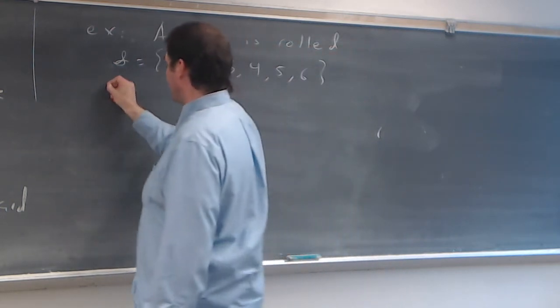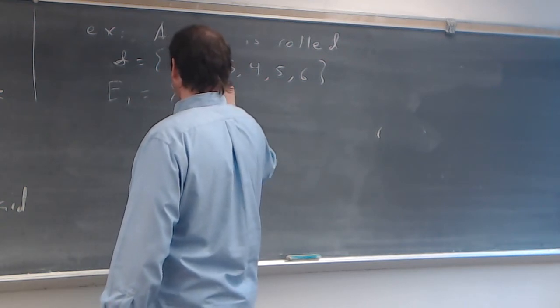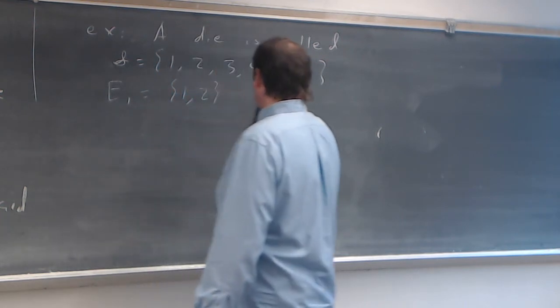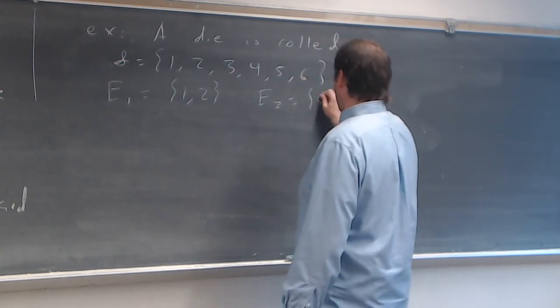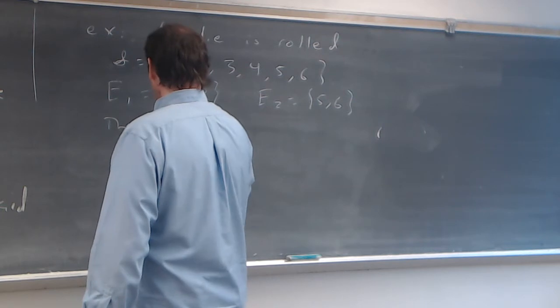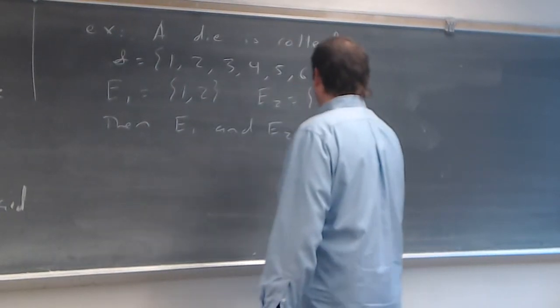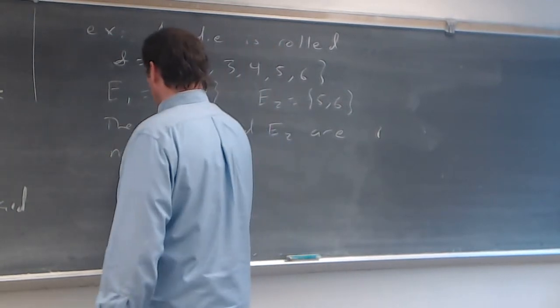And then if you look at maybe E1 as equaling the event 1 or 2, and E2 equaling 5 or 6, then E1 and E2 are mutually exclusive.